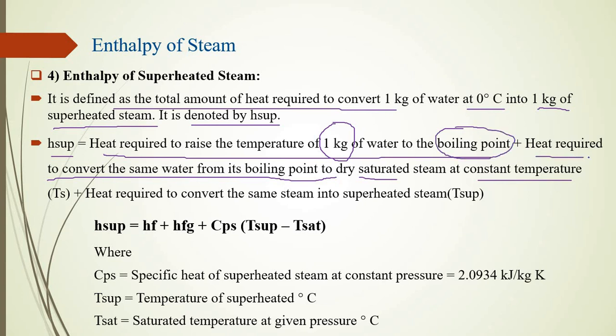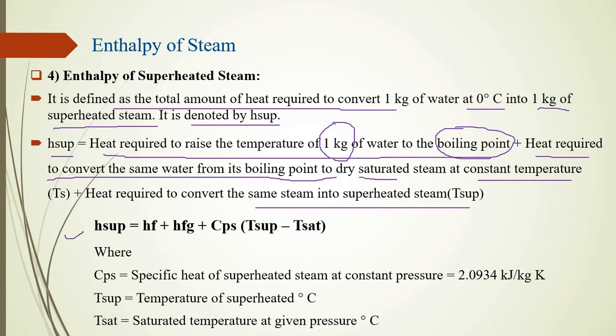Then additional heat is required to convert the same water into dry saturated steam, and we have to give a temperature rise from 100 degrees centigrade up to a maximum of 350 degrees centigrade to convert it into superheated steam. The steam is then in the superheated condition, with the temperature limit at 350 degrees centigrade.